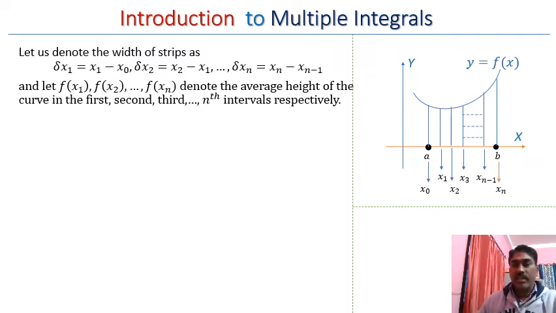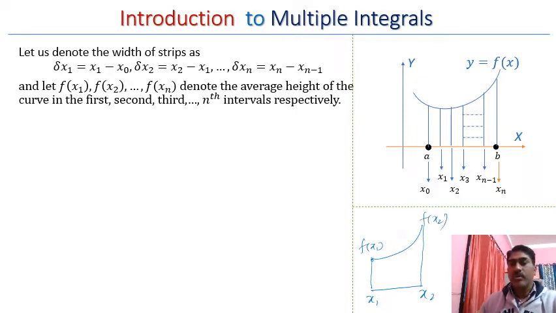Let me clarify. Suppose you take any strip, say between x1 and x2, and the curve is like this. This is the height f(x1) and this is the height f(x2).